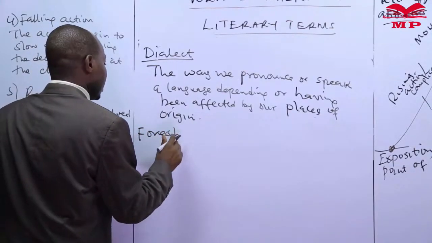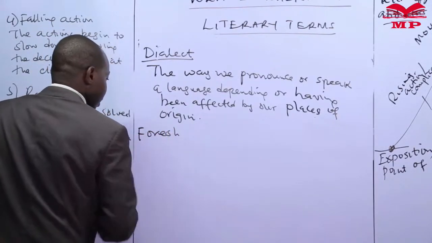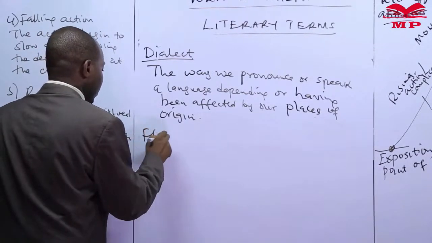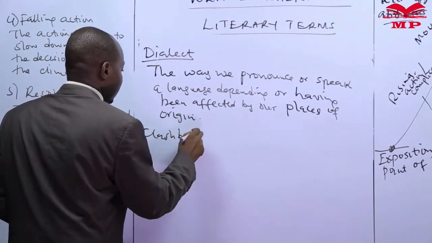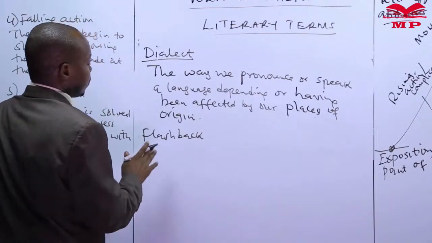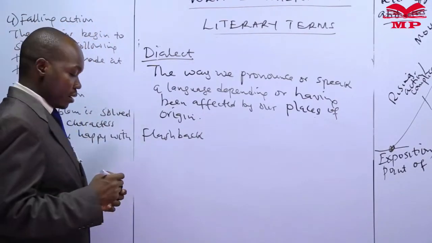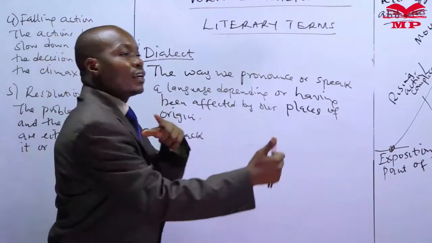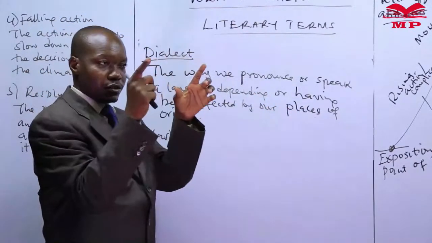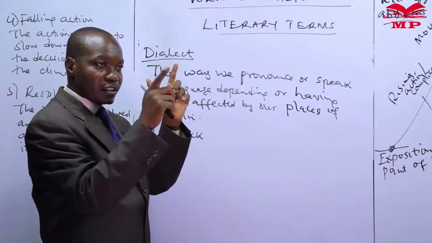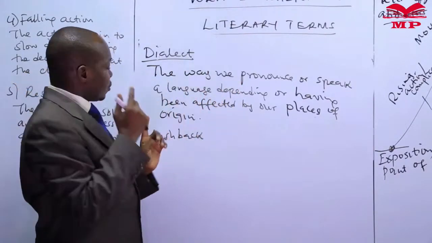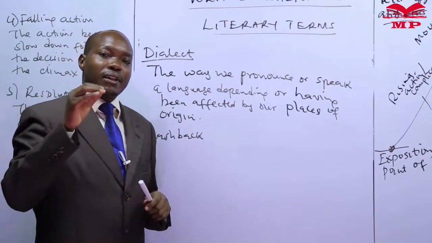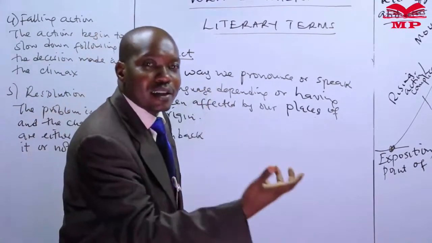I want to look at one last style, actually just two: flashback and foreshadow. Flashback, as the word suggests, means you are looking back, flash, like a camera. In a story, the narrator will bring in past events.